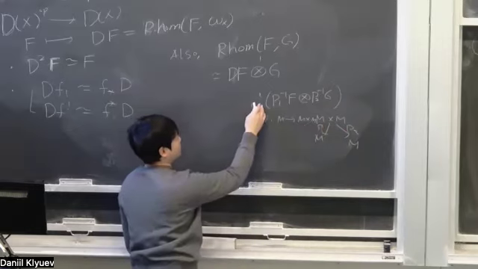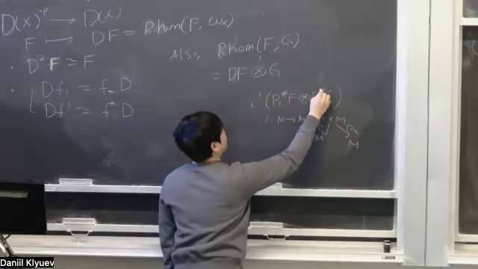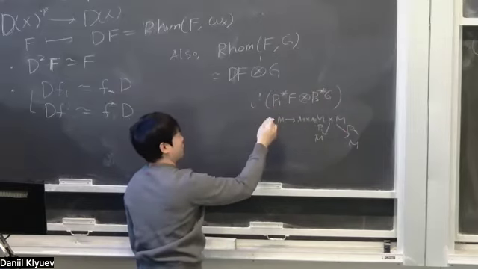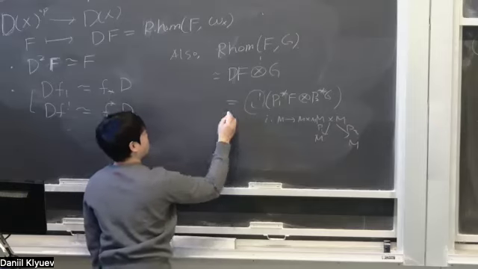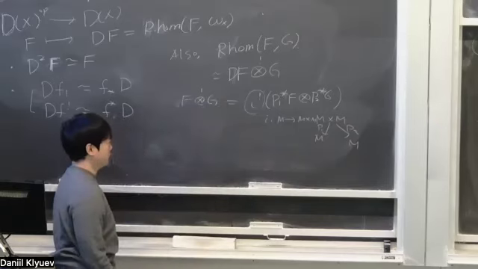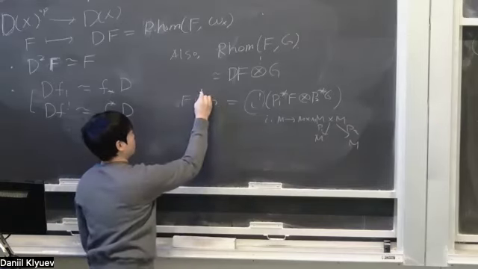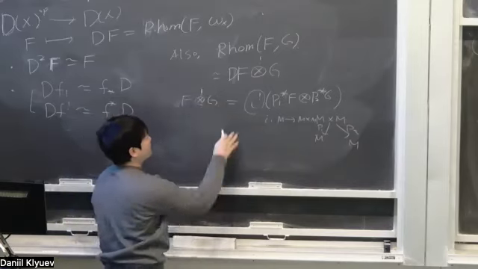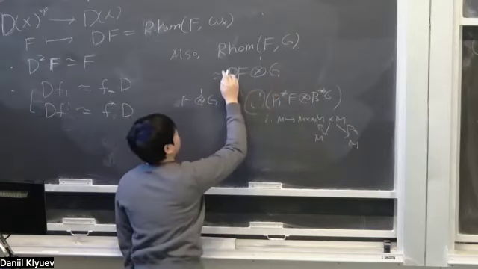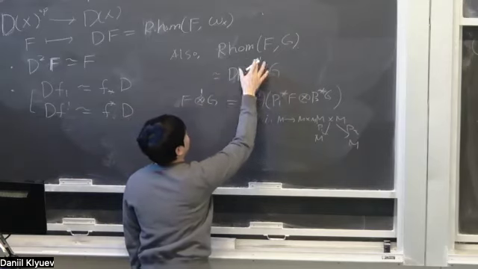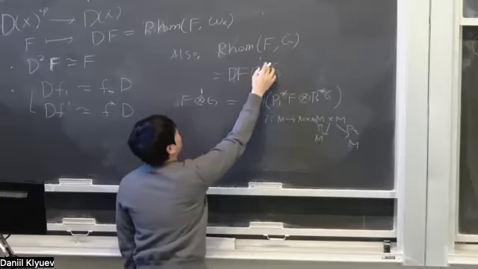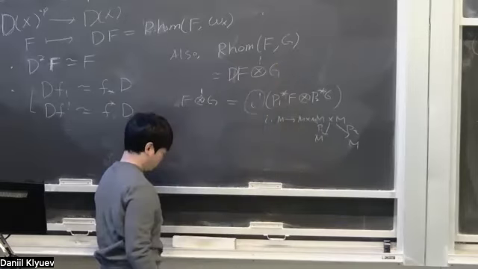If we had the inverse upper star here, then we would get the usual tensor product, but because of this upper shriek, we have another functor defined as the exceptional tensor product, and that exceptional tensor product can be used to define Hom like this.